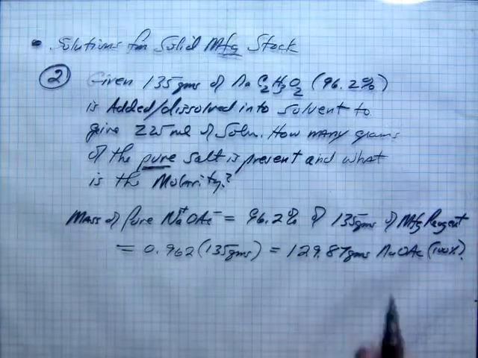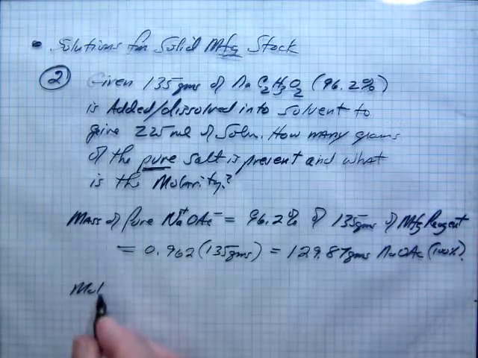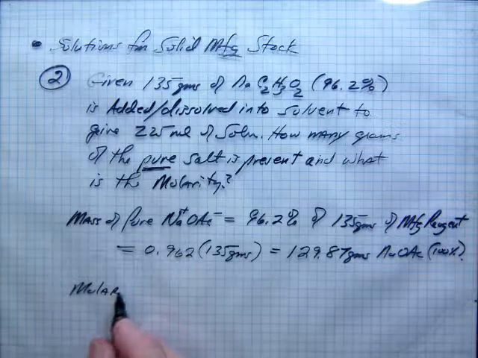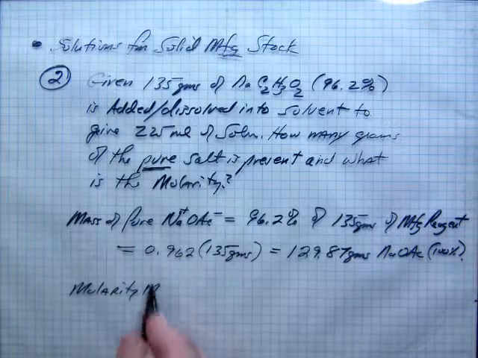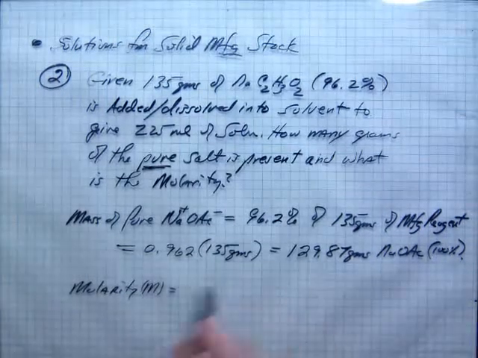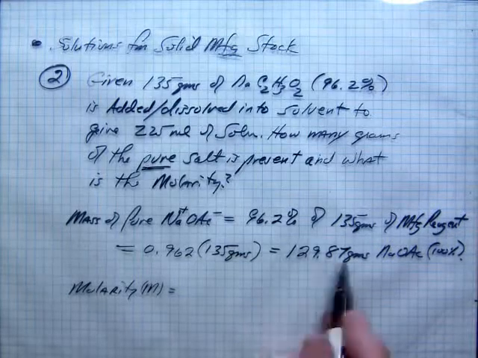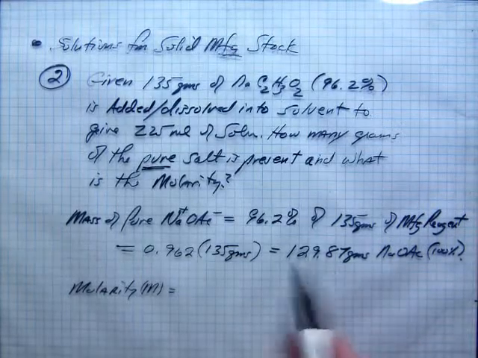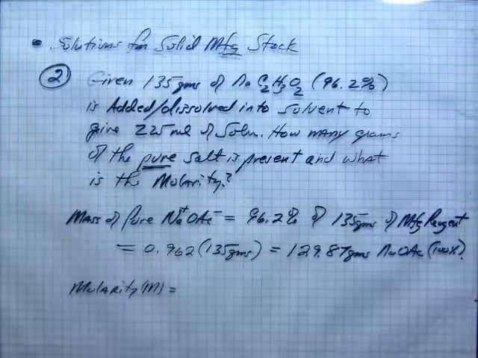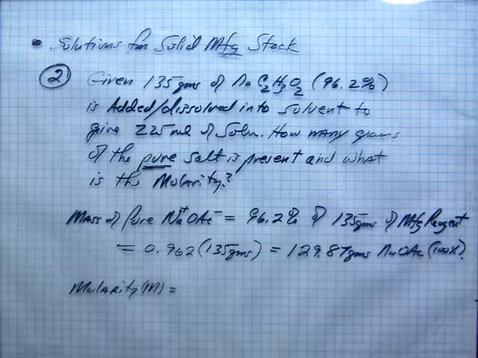Now, once we get this number, then we can get the molarity based on the definition, which is the mass of sodium acetate divided by the formula weight and then divided by the total volume in liters.